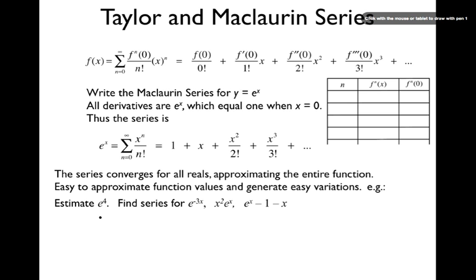Okay, so what would it be? But I want to use the series. I don't want this, right? I want to use what this means to estimate it. So how can I estimate e to the 4th with what we did?